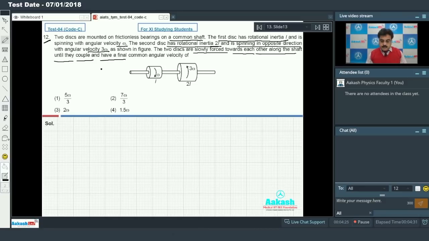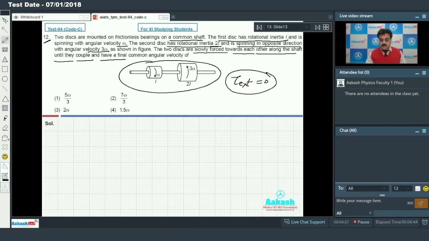From this discussion we can conclude that there is no external torque, because if I take the whole arrangement as a single system, there is no external torque. If there is no external torque, we can apply the law of conservation of angular momentum.